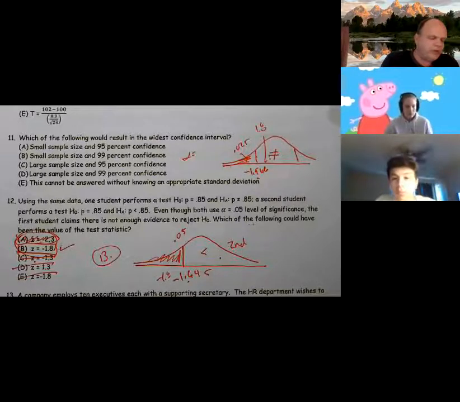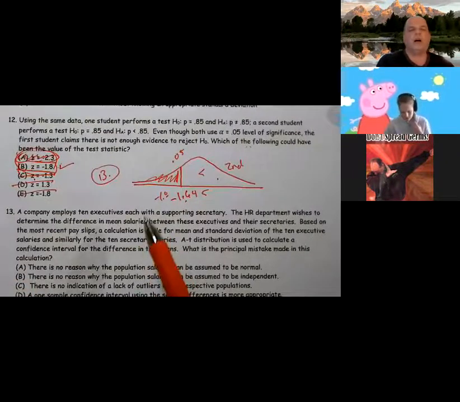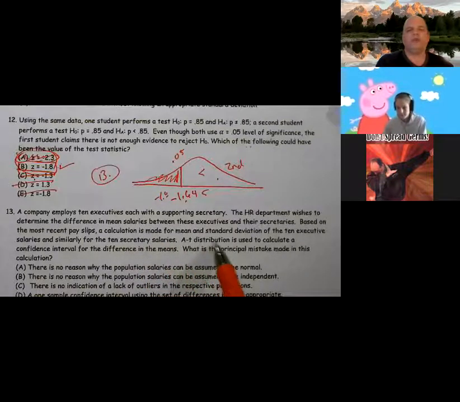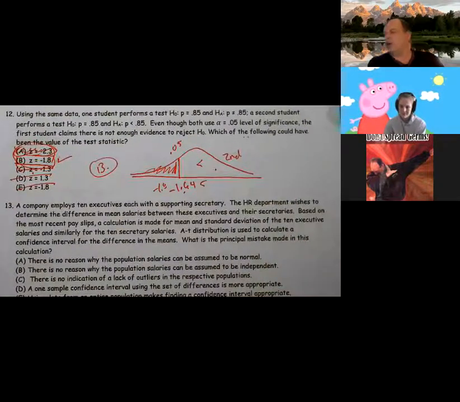Based on the most recent pay slips, a calculation is made for the mean and standard deviation of the 10 executive salaries, and similarly for the 10 secretaries. A t-distribution is used to calculate a confidence interval for the difference in the means. What is the principal mistake?